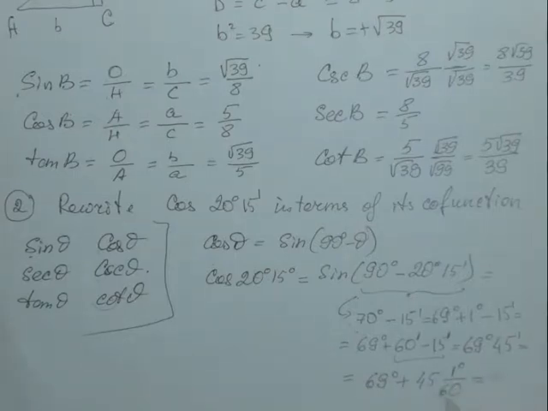So 45 divided by 60 is 3/4 or 0.75. This is equal to 69.75 degrees. So either this or that is correct depending on the question.